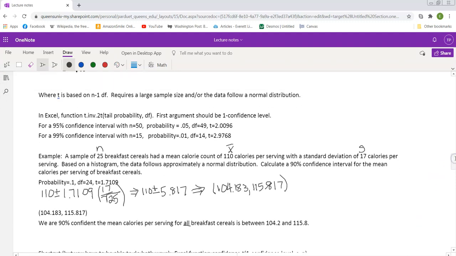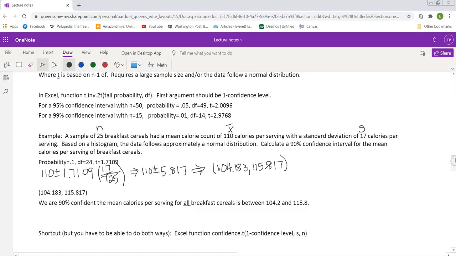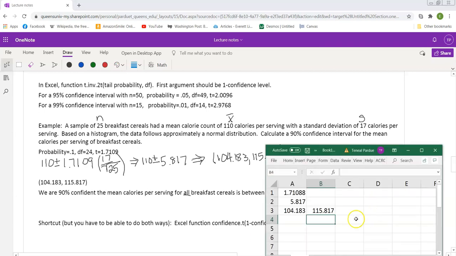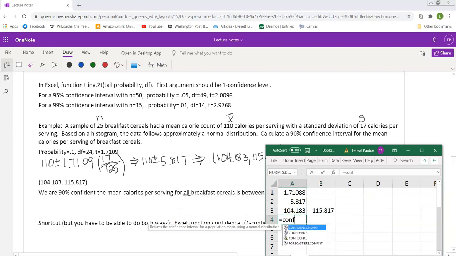There is a shortcut that I will allow you to use as long as you can do it both ways. This CONFIDENCE.T function gives you the margin of error. It doesn't save you a whole lot of time, but it might save you some. So if we want to do this problem using CONFIDENCE.T, you see where here you have to input alpha.